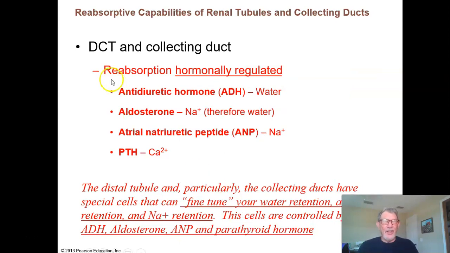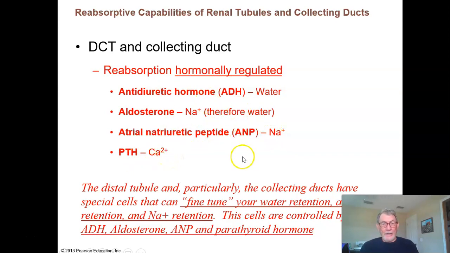Then the collecting duct, the distal convoluted tubule, the distal tubule, and the collecting duct, you have a bunch of cells that are regulated by hormones. Antidiuretic hormone, aldosterone, atrial natriuretic peptide, and parathyroid hormone. These four primary hormones turn these cells on and off so you reabsorb more water, more sodium, less sodium, more calcium.